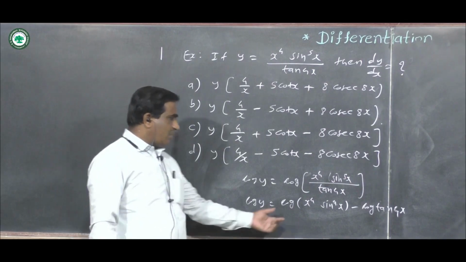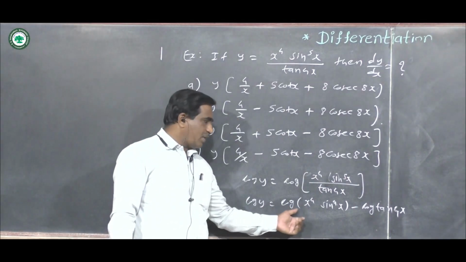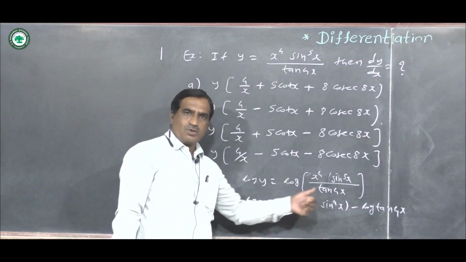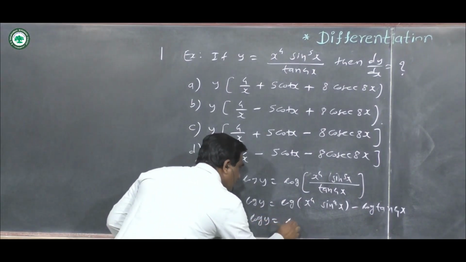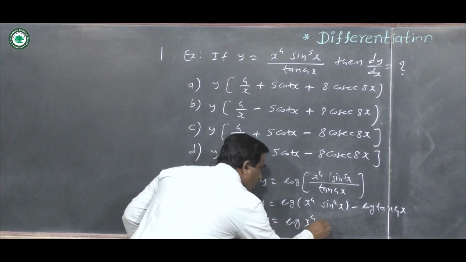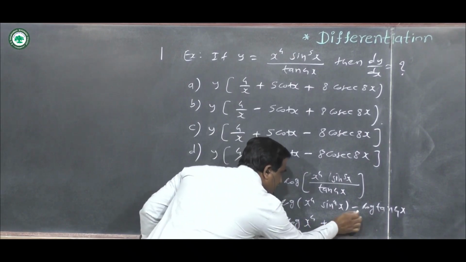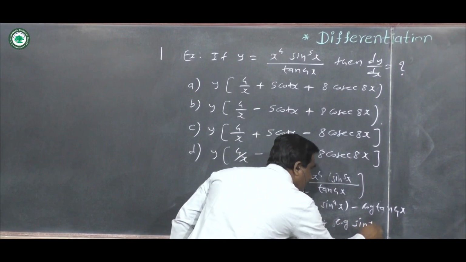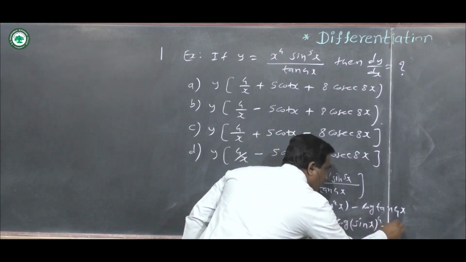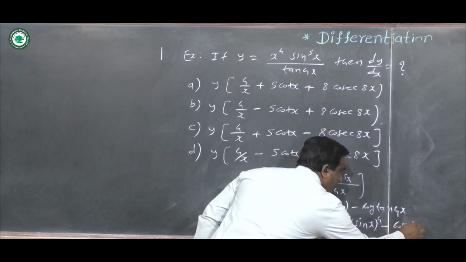Again here we use the logarithmic rule, log a into b equal to log a plus log b, that is log y equal to log of x raised to 4 plus log of sin x raised to 5 minus log of tan 4x.